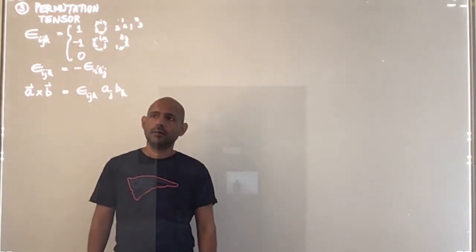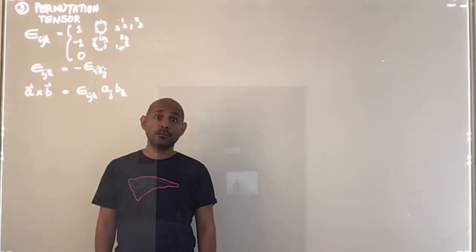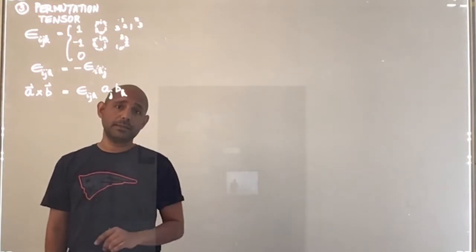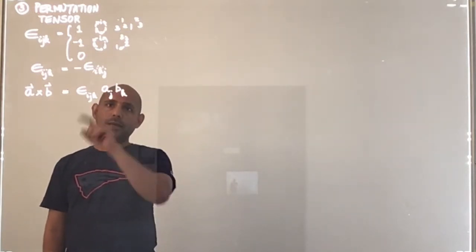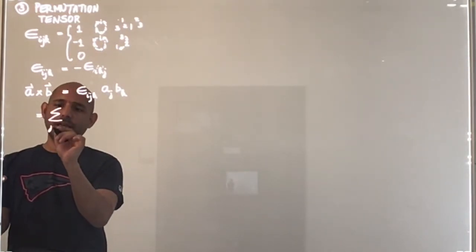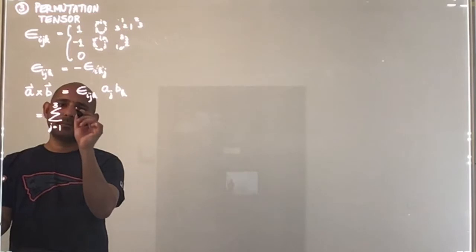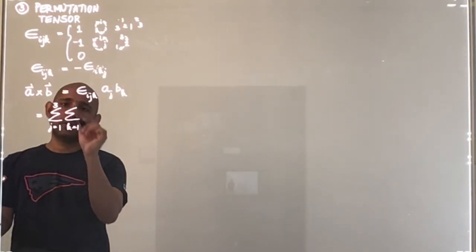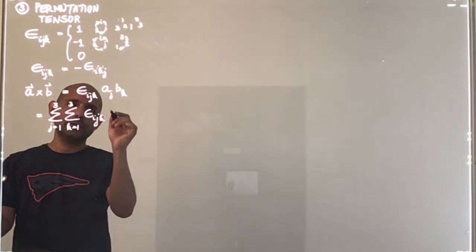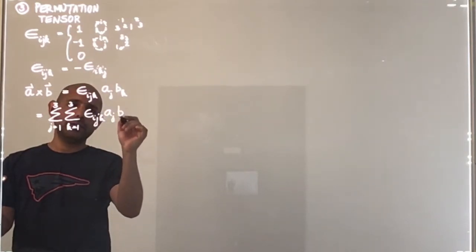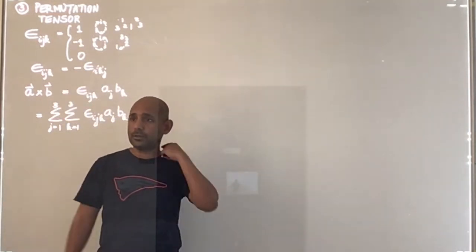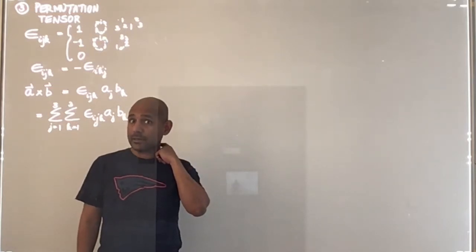Now, here is something to pay attention to. We have 2 repeated indices, which are j and k. So this is sum over j going from 1 to 3, sum over k going from 1 to 3 of epsilon ijk aj bk. But there's still an I floating around. We don't know what value I takes, but that's fine.